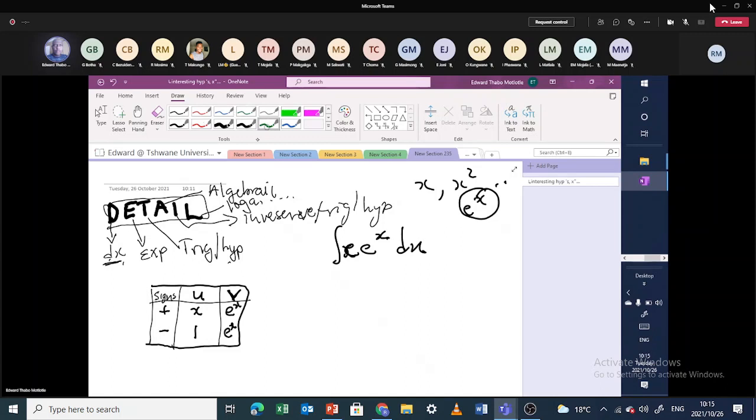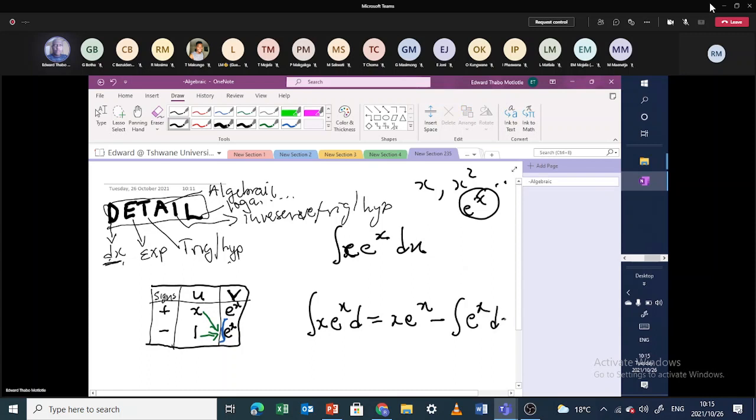Now, this is how you cross. You multiply this by that one, and you multiply this by that one. And always on the last term, you put the integral sign. So the integral of x e to the power x dx: x multiplied by that is x e to the power x, and according to the sign this will be negative the integral of 1 multiplied by e to the power x, which is e to the power x dx.